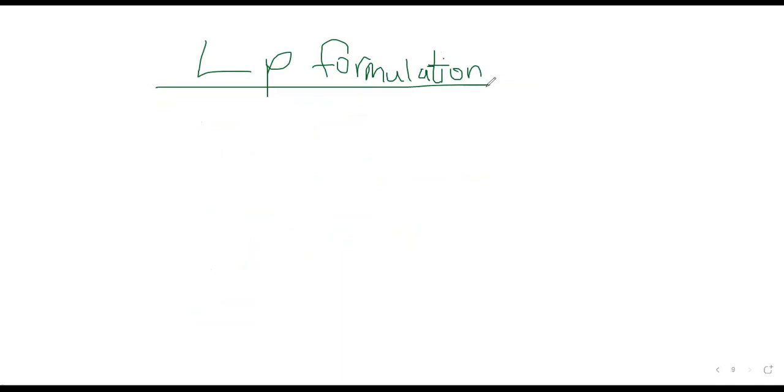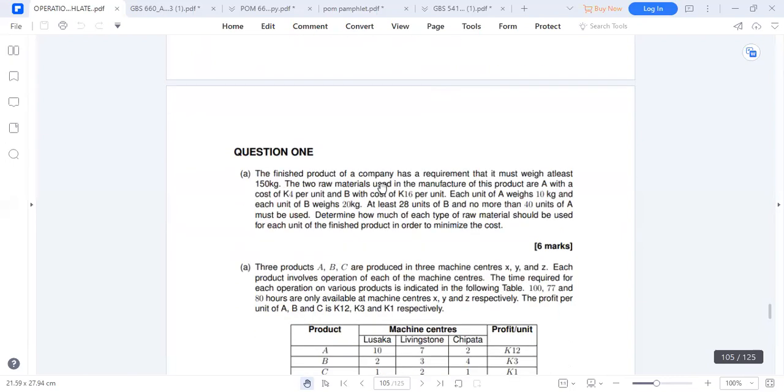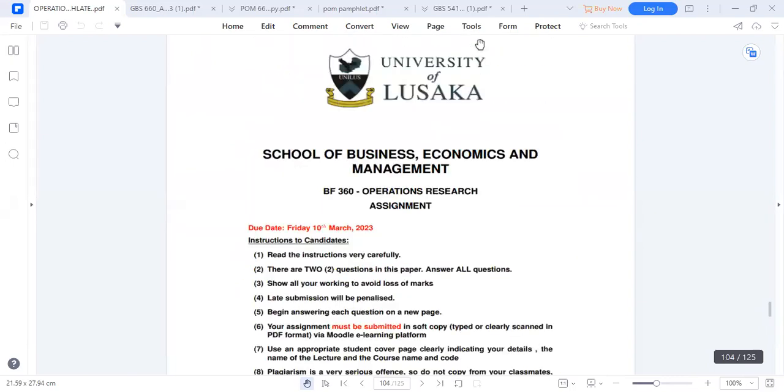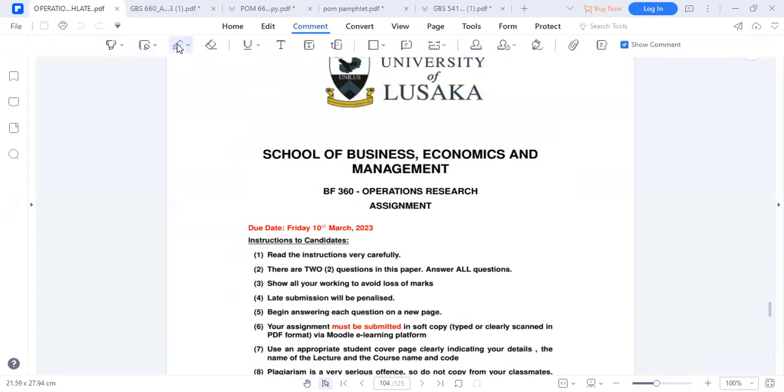On this LP formulation, we have the information from here. We can get a question from here on how you do LP formulation.